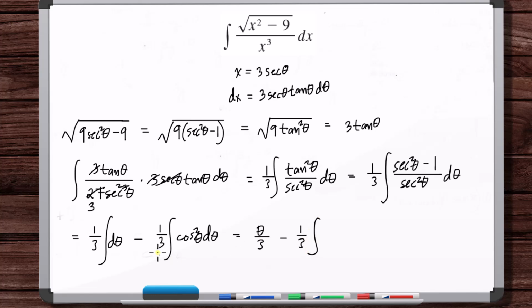And then, okay, we can solve any power of just a cosine or sine by itself. We need to use the half angle identity. That's what we learned in the previous section. So cosine squared theta is 1/2 times 1 plus cosine 2 theta. So one-sixth, d theta minus 1/6.